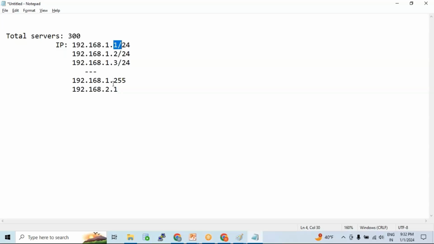Now, being said that, can I use this statement at this time? Whenever you use /24 as a network ID, now I'm just using the shortcut, okay? Whenever you use /24 as a network ID, I can generate a maximum of 255 IPs, correct?